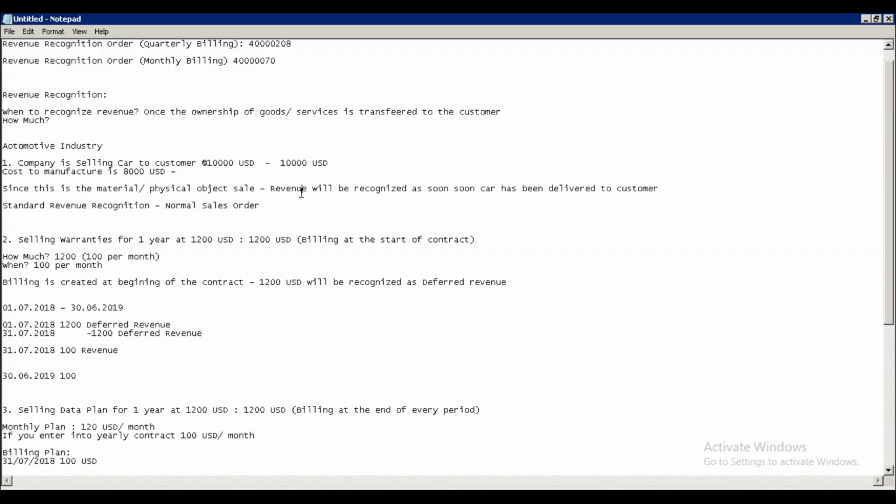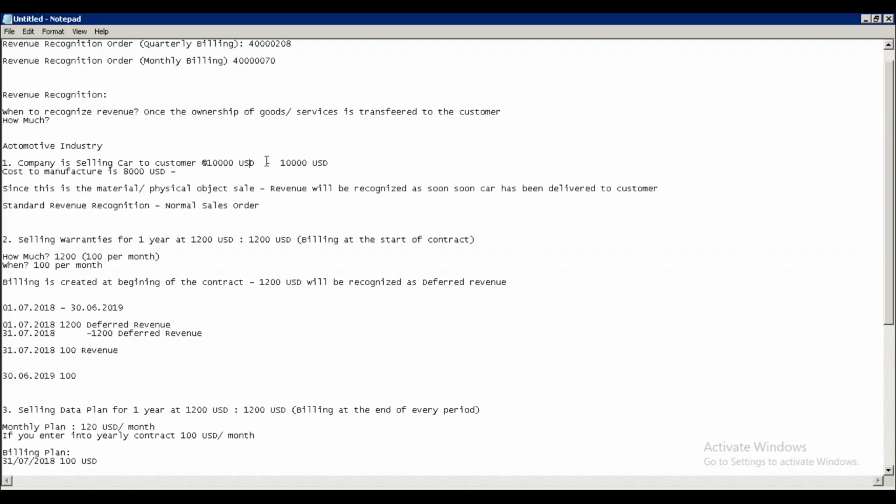In the first scenario, customer has ordered the material, the physical object. For example, a company selling a car. So customer has given the sales order to this company that he wants a car. So what will happen? The company will create the sales order. They will transfer the delivery to the customer, and finally they will create a billing document.